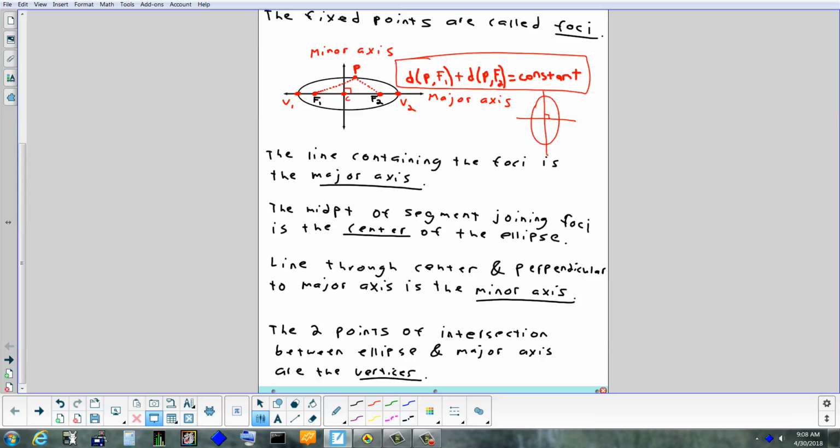Comparing the position of the vertices to the position of the foci. Yeah? They're on the same line. Okay, they're on the same line. What else? Yeah? They're equidistant from each other. Like V1, the distance between V1 and F1 is equidistant to F2 and V2.